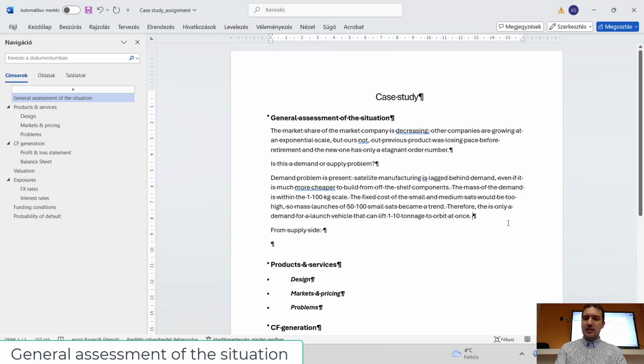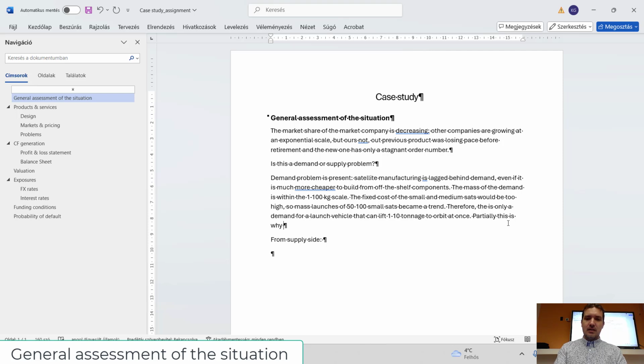Partially, this is why... which one is Virgin Orbit or Virgin Galactic that defaulted? I think Virgin Orbit.